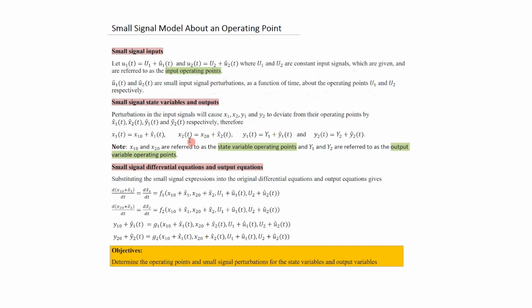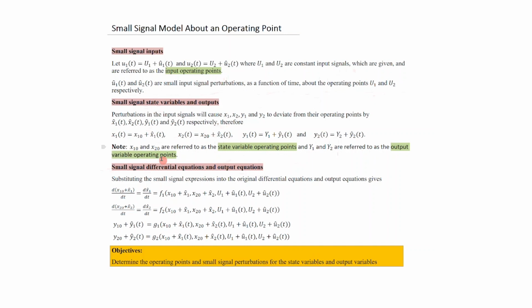The other state variable is equal to its steady state value plus the perturbed value. And y1 and y2 involve the steady state values Y1 and Y2 plus the perturbed values. X10 and X20 are referred to as the state variable operating points, and capital Y1 and capital Y2 are referred to as the output variable operating points. So this is our starting point.